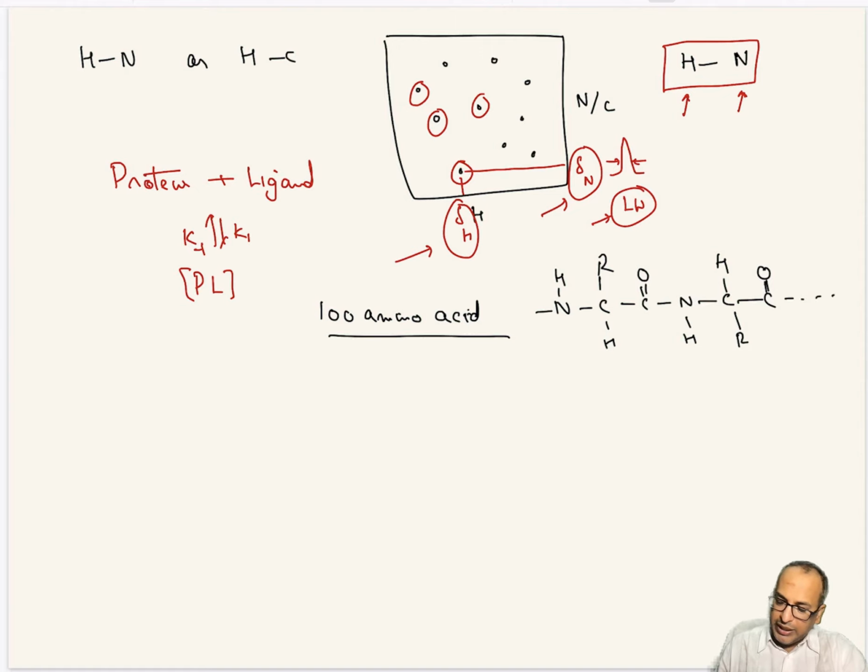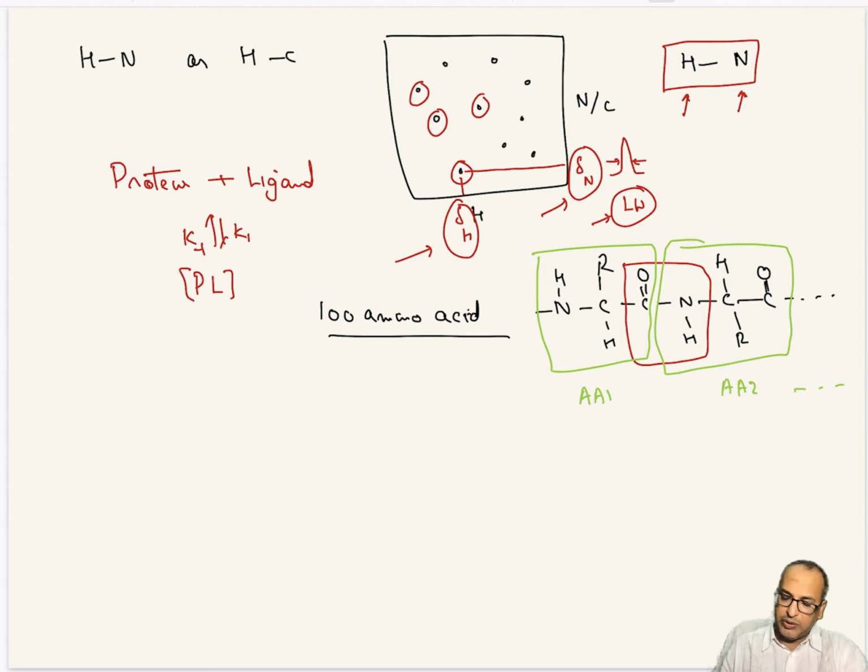If you notice, this is a peptide bond over here, this is a peptide bond, and this one is one amino acid unit, this is another amino acid unit, right? So this is AA1, this is AA2, and it continues. Now if you have 100 amino acids, you will have 100 such NH correlations. So in a 2D experiment like this, you will get 100 such peaks.